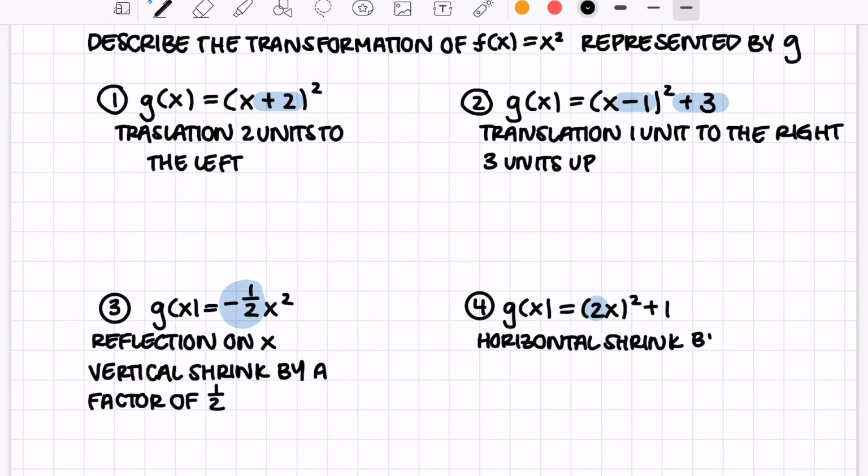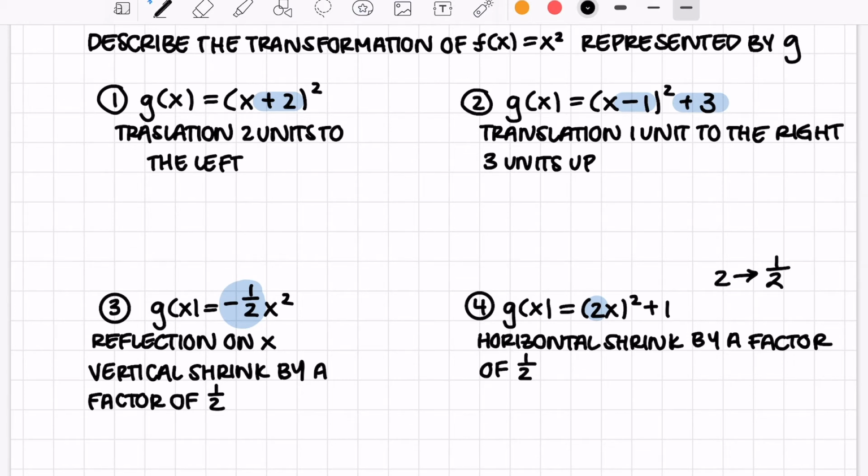If you remember, whenever you have horizontal shrinks, we have to flip it, so that instead of being 2 over 1, we have 1 over 2. So it's by a factor of 1 over 2.